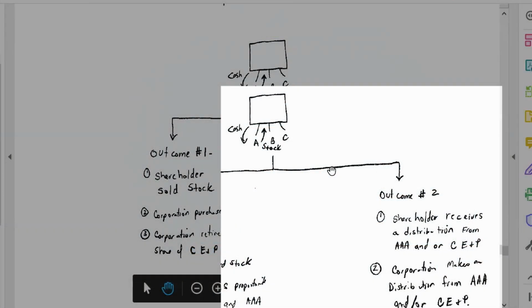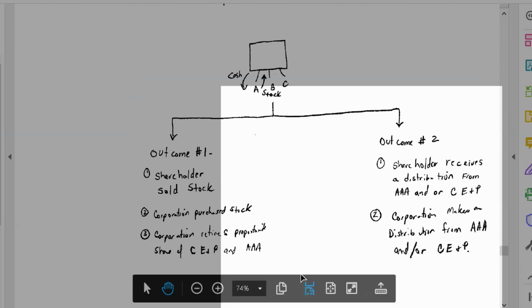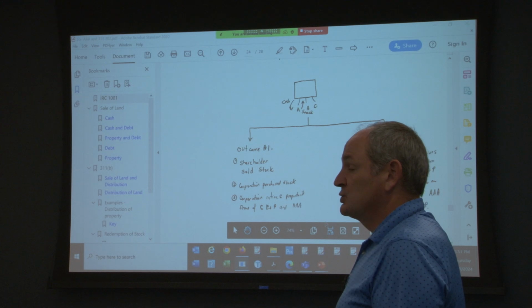Outcome 2, shareholder receives a distribution from AAA and/or CEMP, because if it's number 2, we have to categorize the distribution between AAA, CEMP, and normal distribution, assuming the corporation has CEMP. If it doesn't have CEMP, do I give one shit about AAA? No. Not at all.